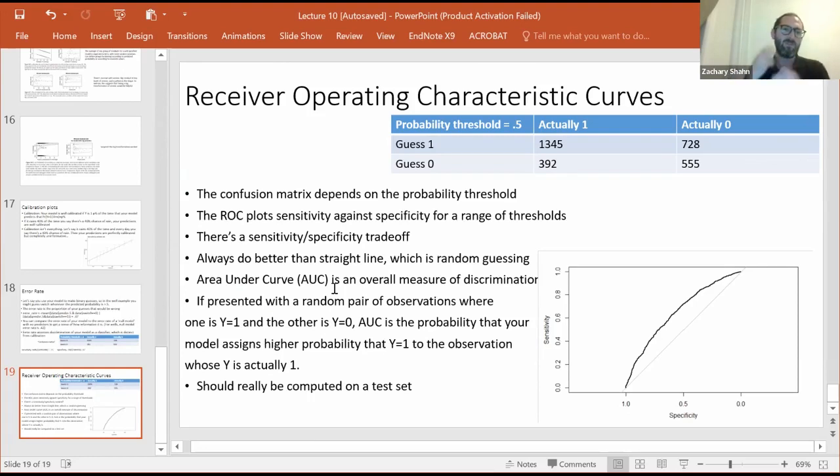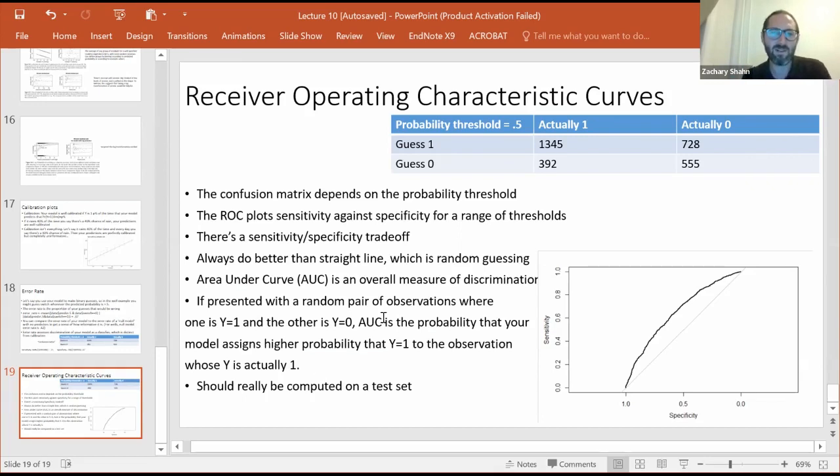So if you're just repeatedly given a random pair of observations, one has y=1, one has y=0, what proportion of the time do you assign a higher probability of y=1 to the actual y=1 observation? You want that to be higher, right? That's a measure of how well you discriminate between the y=1s and the y=0s.